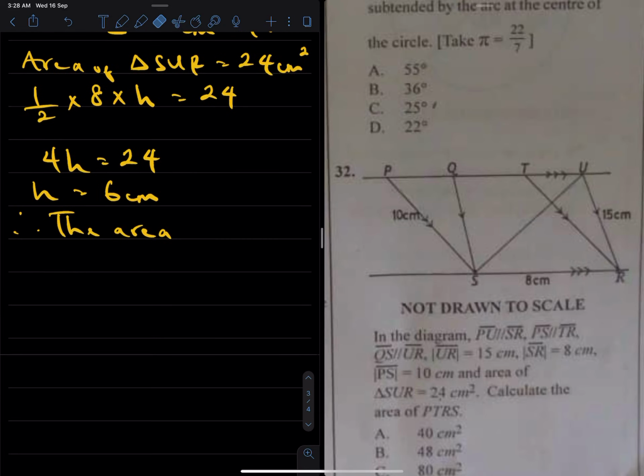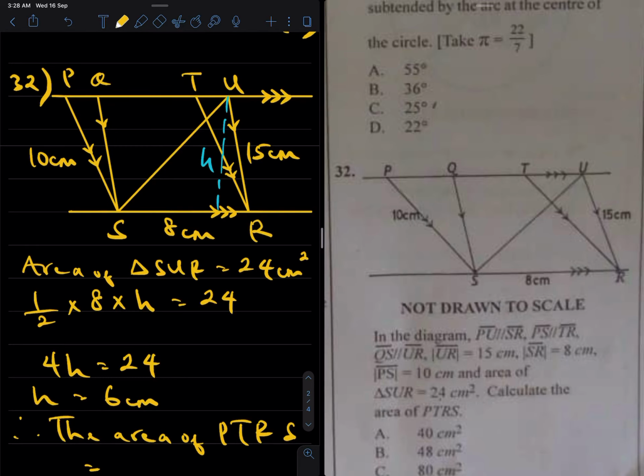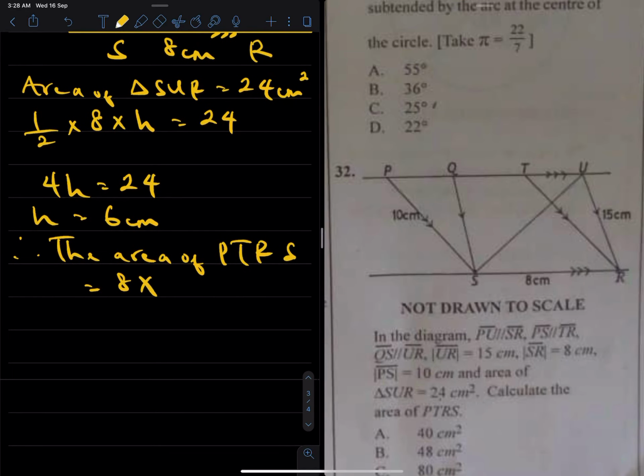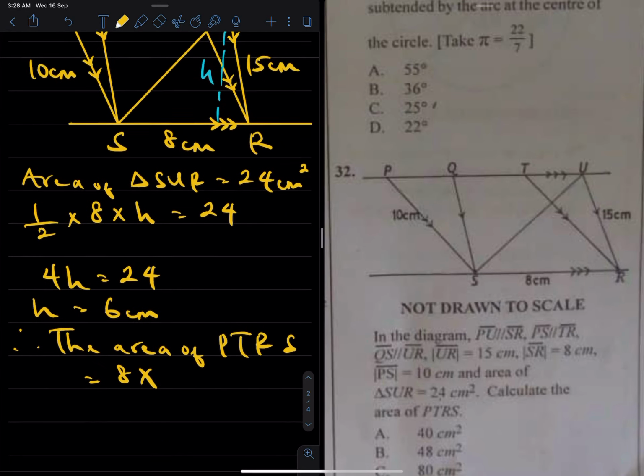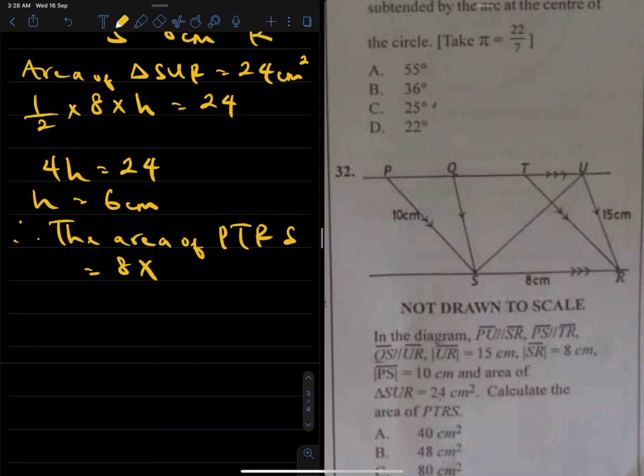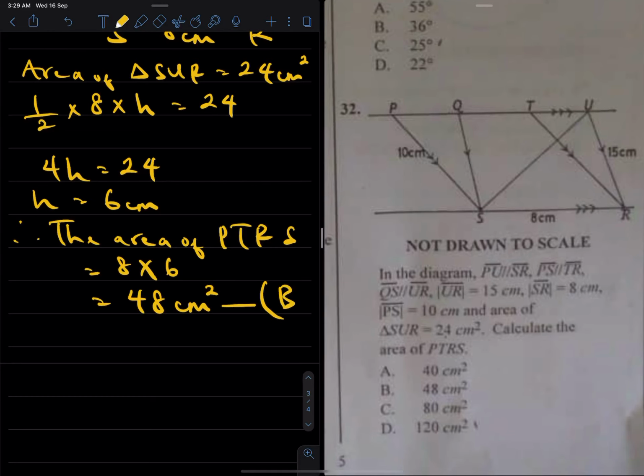So the area of PTRS, which we know is a parallelogram, is base times height, and that base is SR, which is 8 centimeters, times height, which is the same as that of triangle SUR, and that's 6. So the area of PTRS is 48 centimeters squared, and the correct option is B.